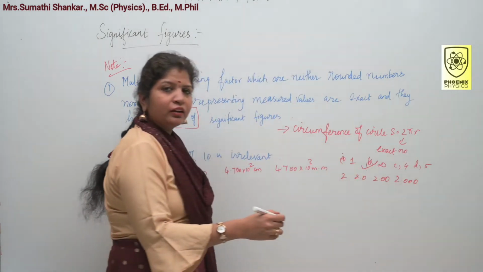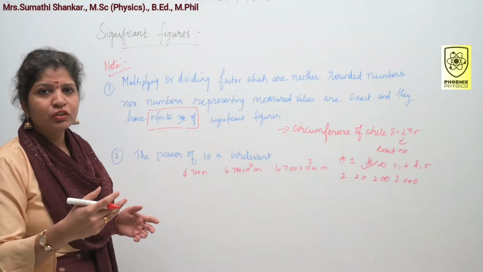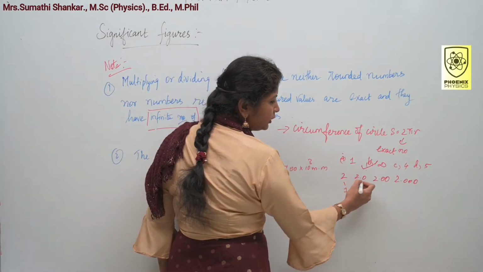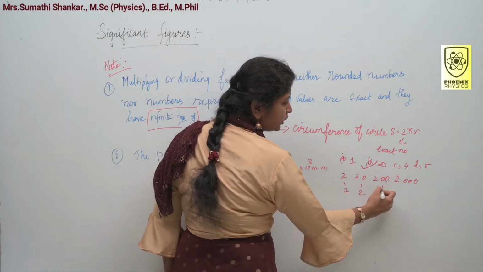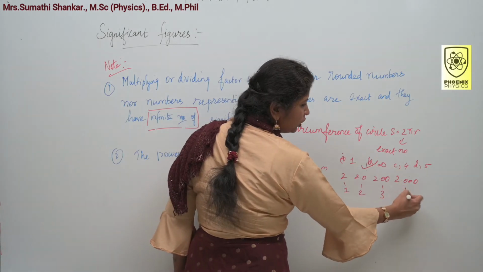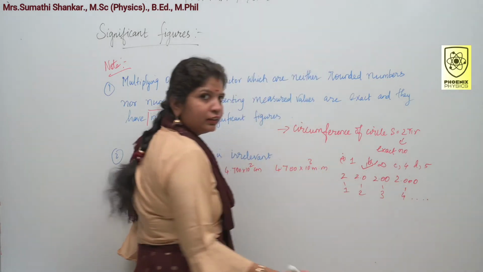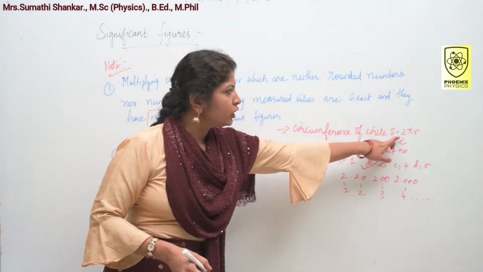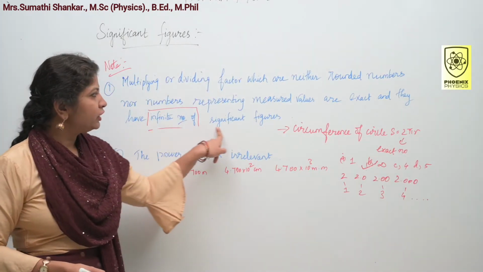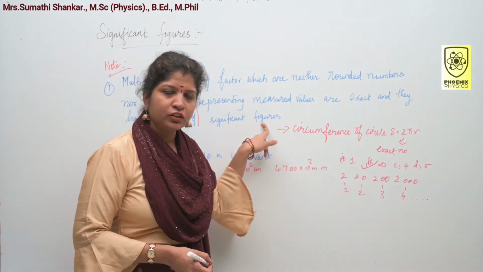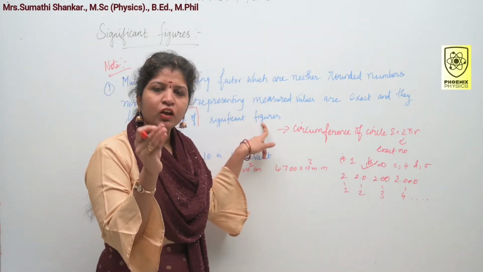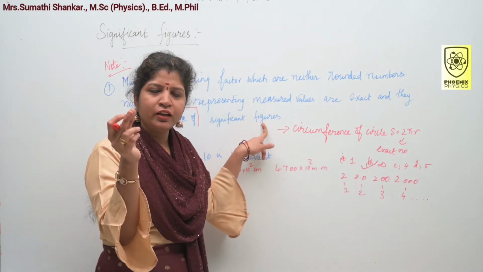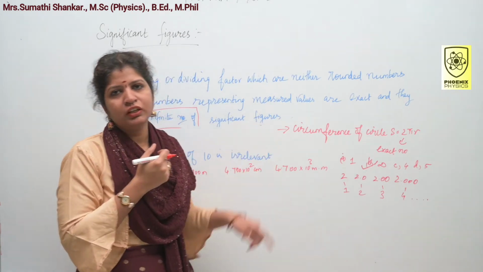I can write infinite number of zeros. So here the significant figure is 1, here 2, here 3 and here 4 and so on. That is why I am saying this 2 has infinite number of significant figures, or simply we can say any constant number has infinite number of significant digits.